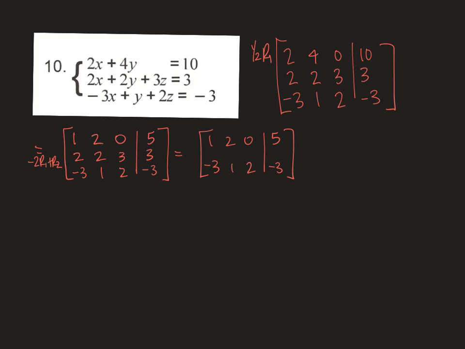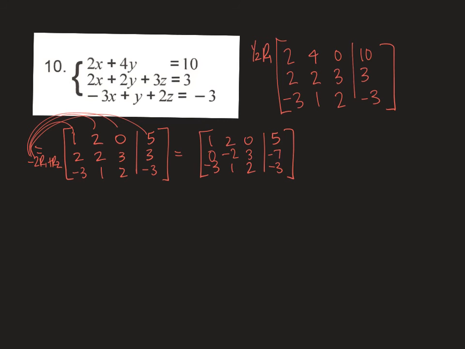So -2 times 1 is -2, plus 2 is 0. -2 times 2 is -4, plus 2 is -2. -2 times 0 plus 3 gives me 3. -2 times 5 is -10, plus 3 is -7.